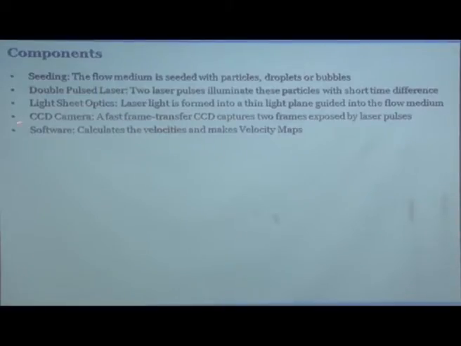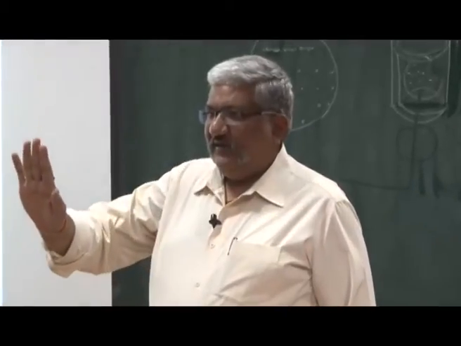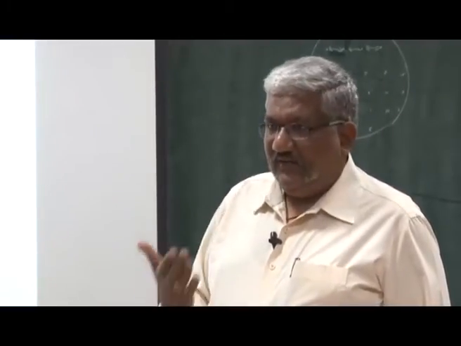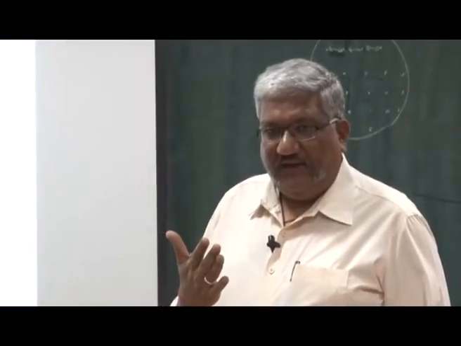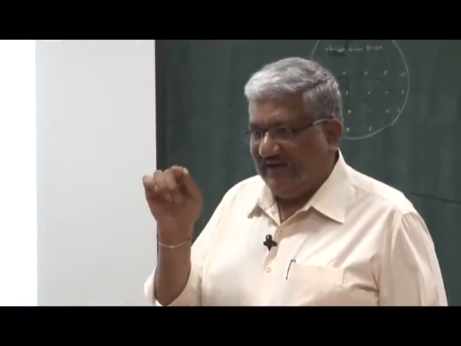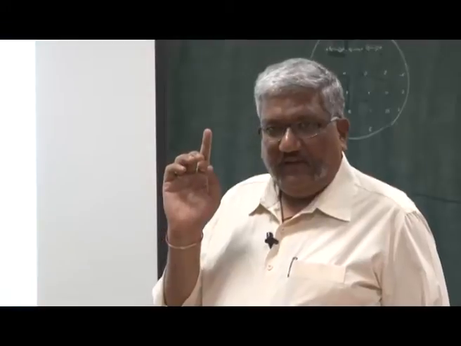It can only be done using software, you cannot do it manually in realistic flows. The reason is that if you look at any image of any flow field, especially inside IC engines, there will be thousands or maybe 100,000 particles that you capture. And if you just look with your naked eye, every particle will look the same. So, you will not be able to identify which particle has moved in which direction, right.